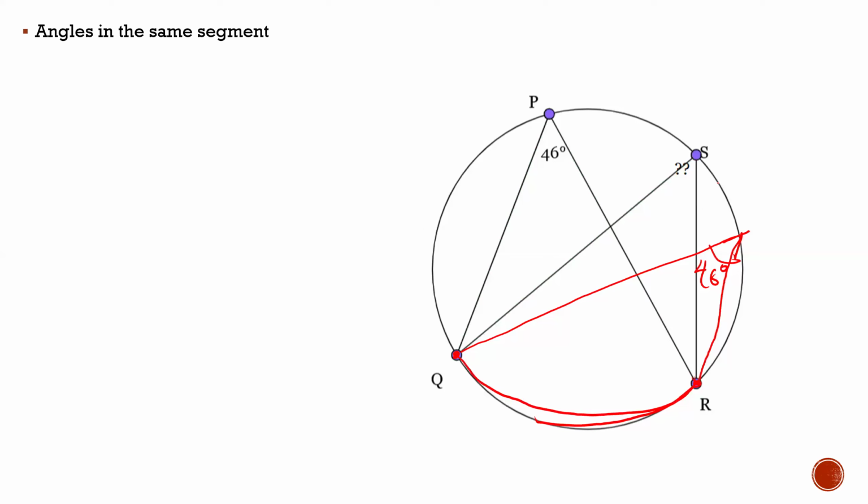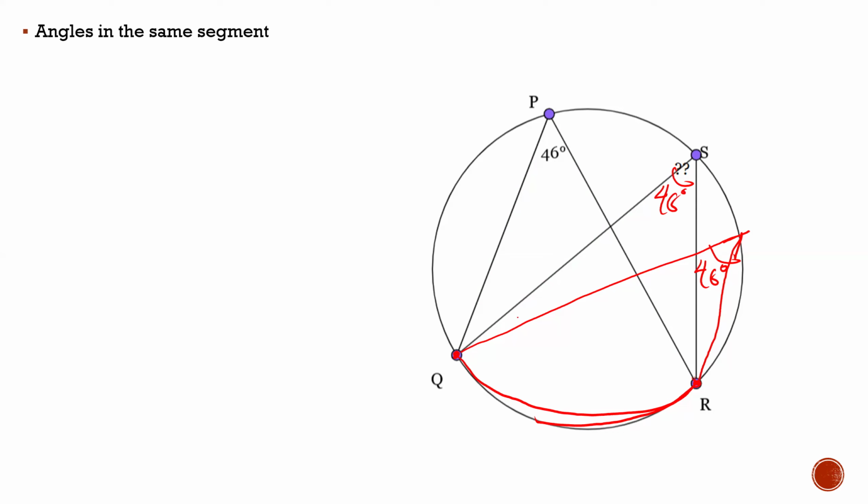They're the same. 46 degrees, 46 degrees. So these are the theorems I want us to go through for today, and it's quite straightforward. So when you see something like this in an exam, don't be scared, don't panic. They are the same.